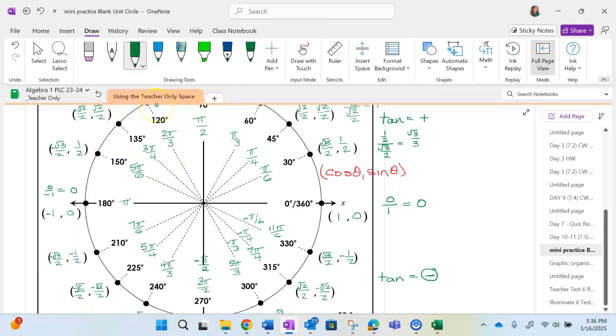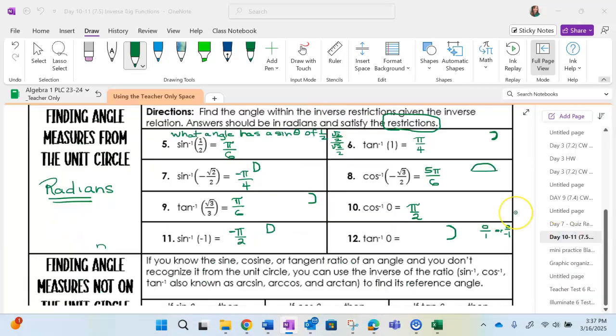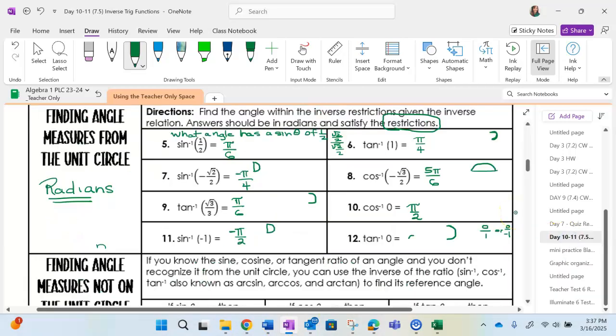If we go all the way to over here, this would be 0 over negative 1, which is also 0, but in tangent, I can only use these two quadrants, okay? So the answer can only be 0. So let me come back here, and your answer is 0 pi, or 0, okay?